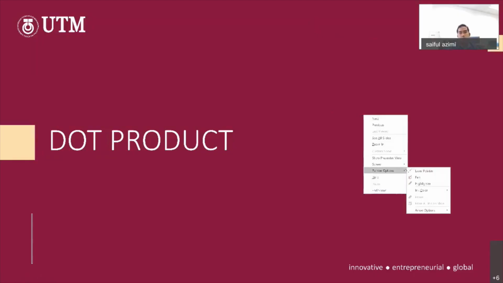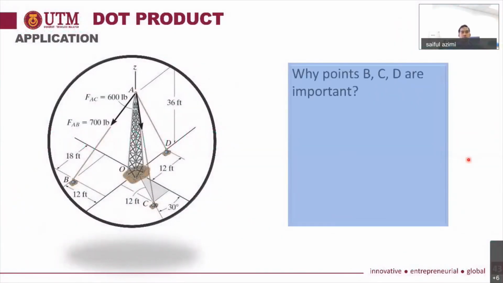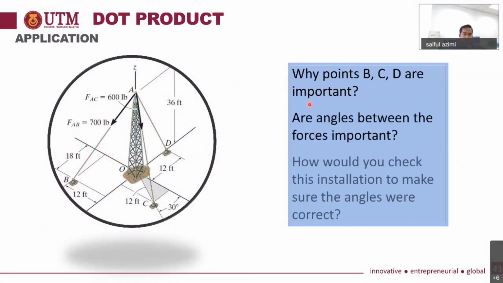The dot product. Let's take a look at this figure. This figure shows a telecommunication tower which is held by 3 different cables. So why are points B, C, D important? Are the angles between the forces important?